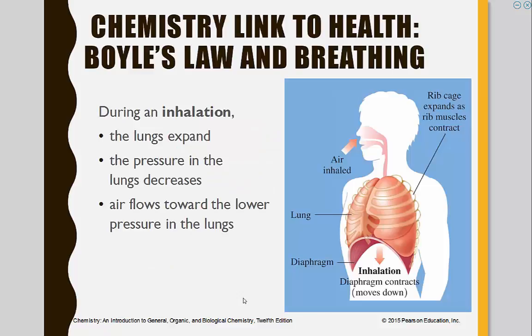This relates directly to nursing and directly to health. For instance, if we're looking at breathing, as we inhale, the diaphragm contracts and it's actually opening up our lungs, creating a lower pressure in our lungs because there's more room for the gases to move around.